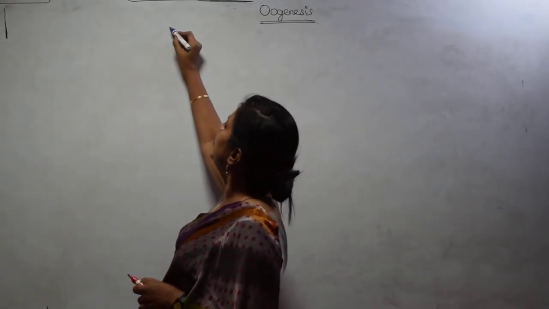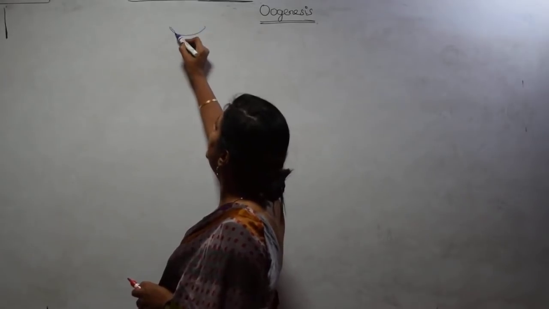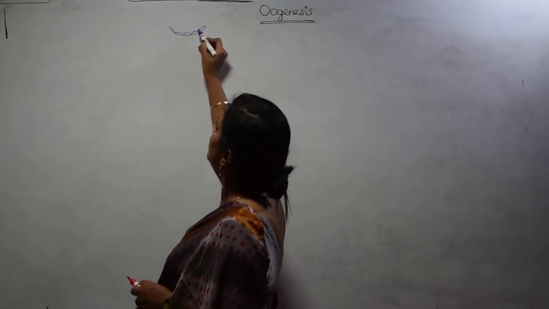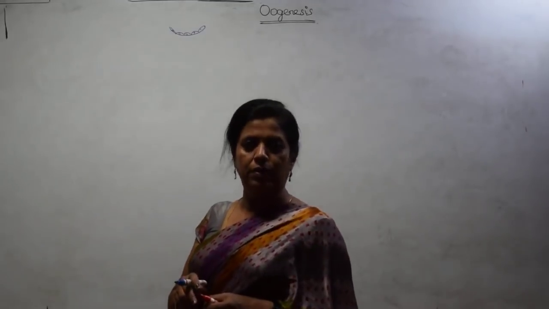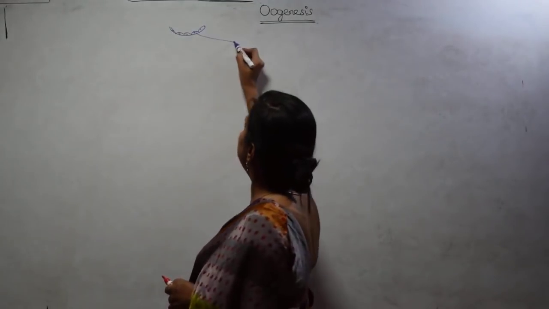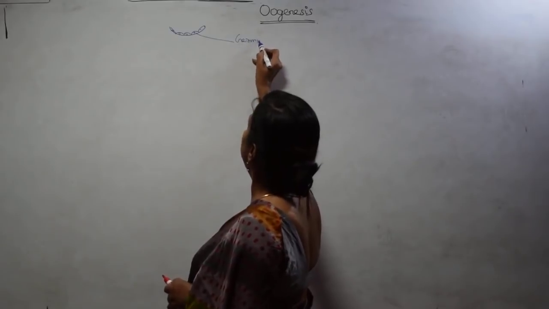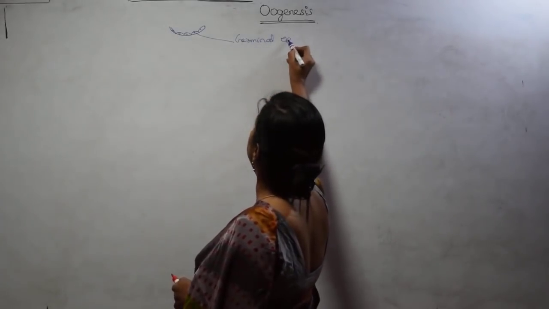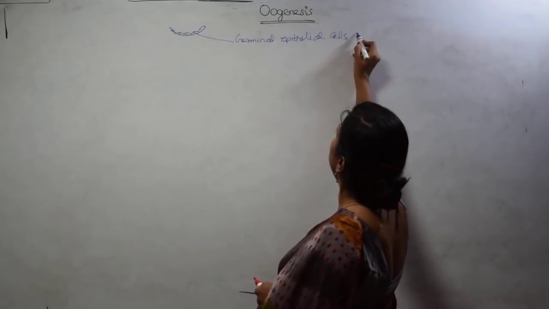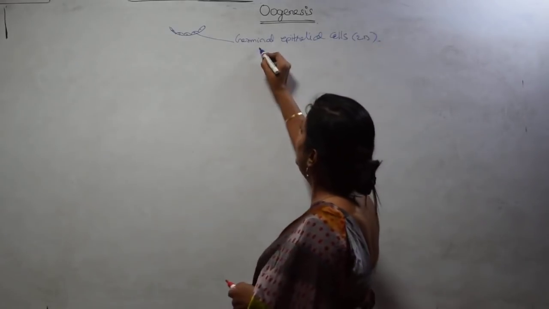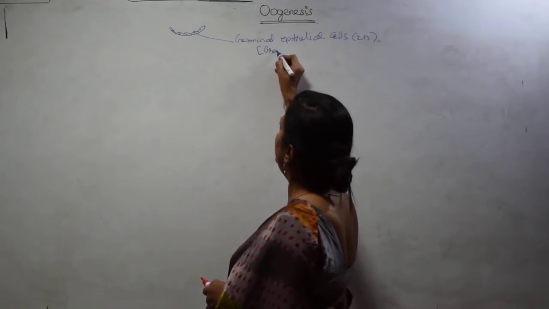The first thing I am giving is this, the inner lining of the Graafian follicle. These are the cells called germinal epithelial cells, which are diploid in nature.